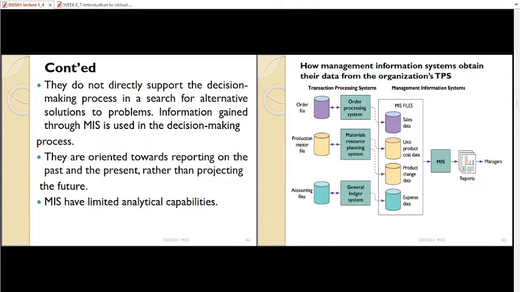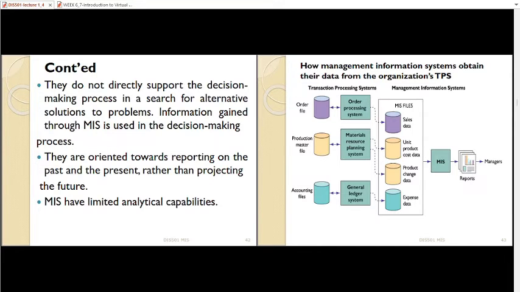The cylinders represent storage in computer systems. We can have order processing, material resource planning systems, and then a general ledger system. Those are systems that perform their daily routines, and they store that information there.